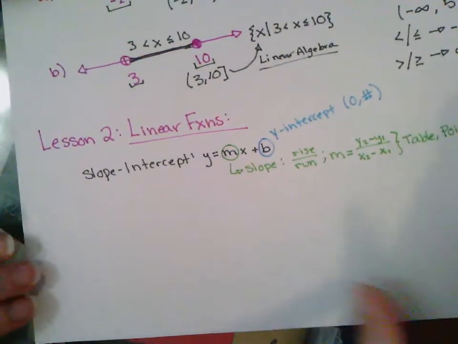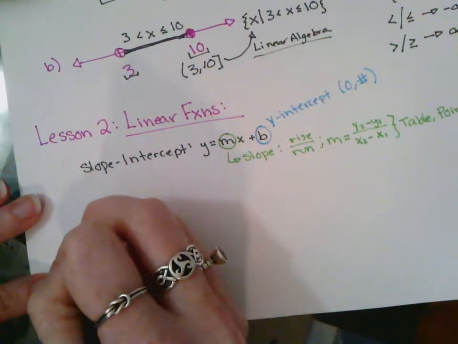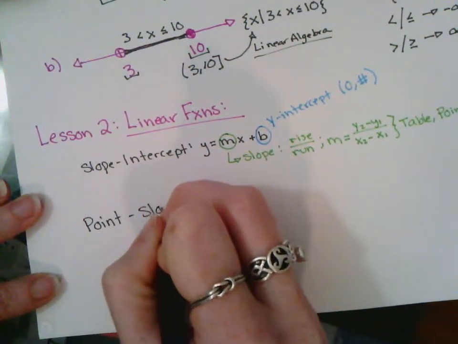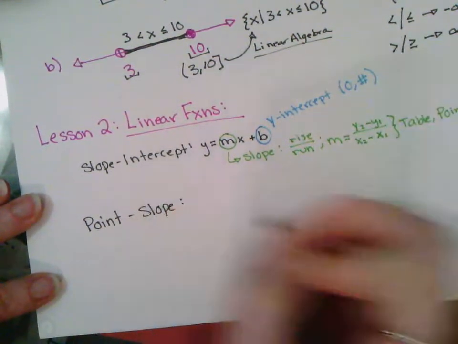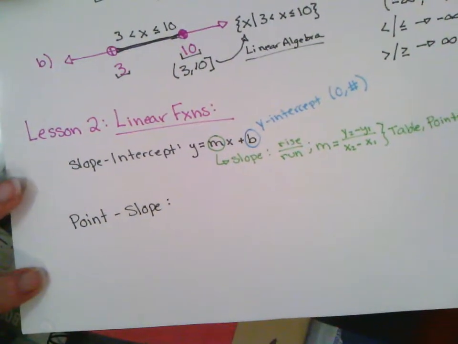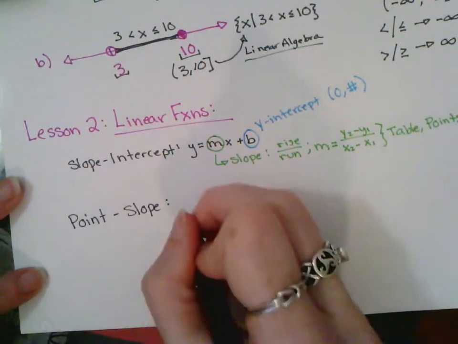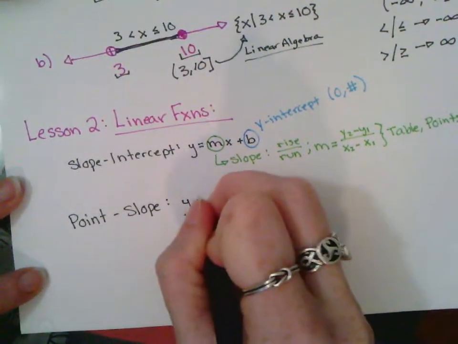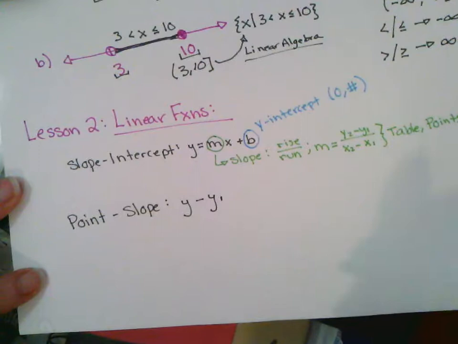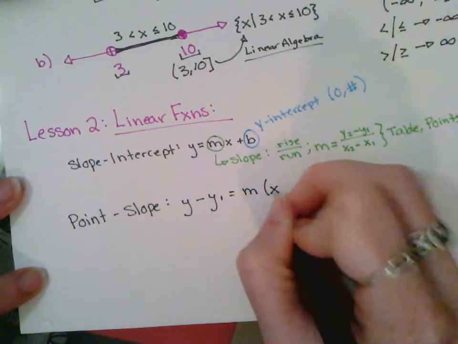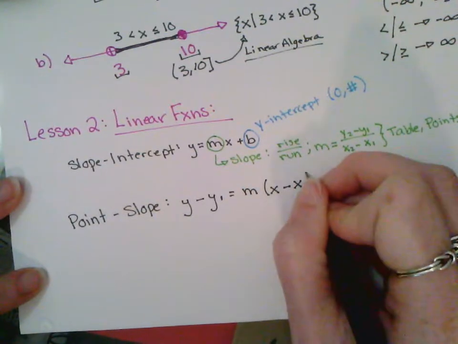The next one we talked about was that point slope form. This is one that's a little bit trickier to remember, so point slope. So once again, pause, try writing that down from memory before you copy it from me. So it should look like your y variable minus the y value of your point is equal to m times your x variable minus an x value from your point.